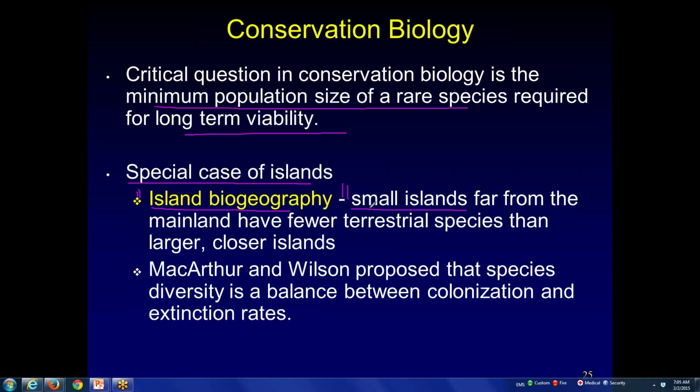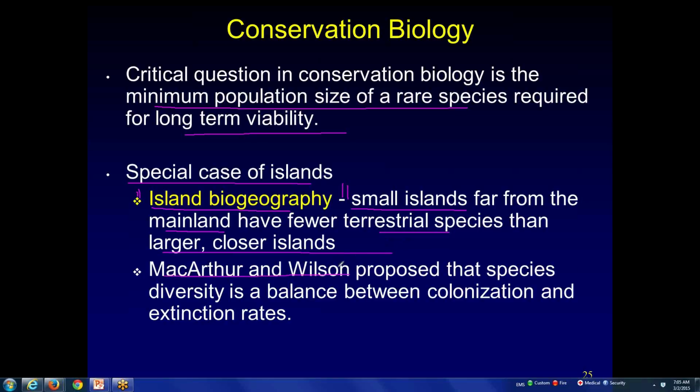So if you look at an aerial photo of Burke County, you'll see patches of habitat interrupted with patches of human development. And small islands, we've noticed, far from the mainland, so actual islands in the ocean that are far from the mainland, have fewer terrestrial species than large, closer islands.